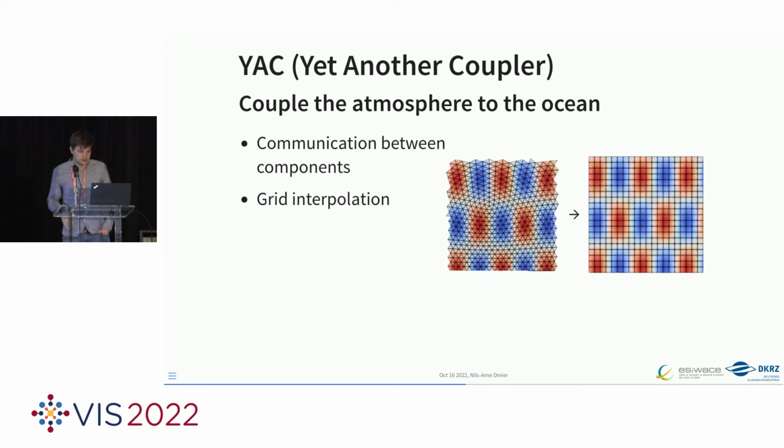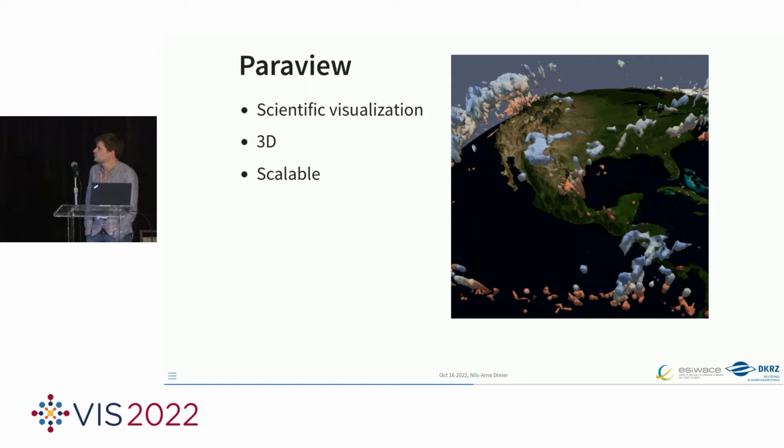Those two features actually solve the challenges I mentioned on the slide before, because when we want to do in situ processing, we can just add one more component to our coupler, and that can define its own grid. This grid can also be coarser than the actual grid, and with that we can reduce the amount of data. And in the first approach, we used a component that implements ParaView.